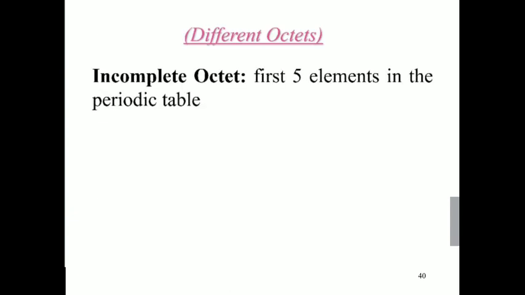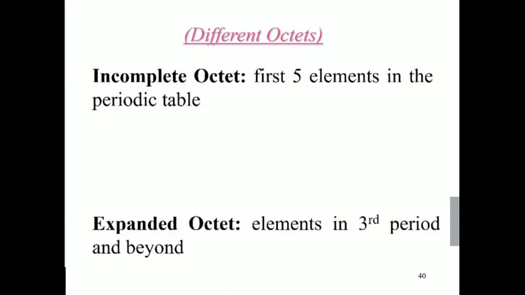Let's take note of the different octets. We have incomplete octet. The first 5 elements are exempted from the octet rule. They do not have to obtain 8 valence electrons to become stable. What are these elements? We have hydrogen, helium, lithium, beryllium, and boron. So you will see them in molecules with less than 8 valence electrons.